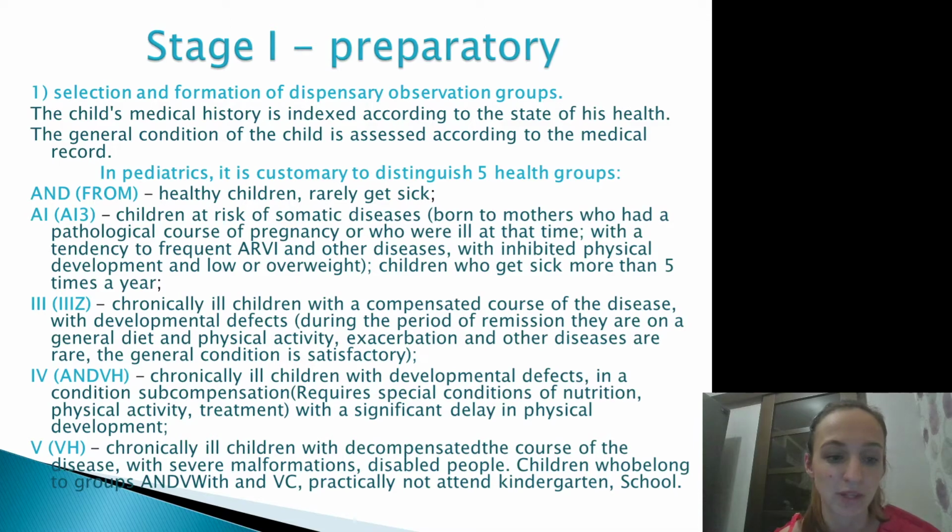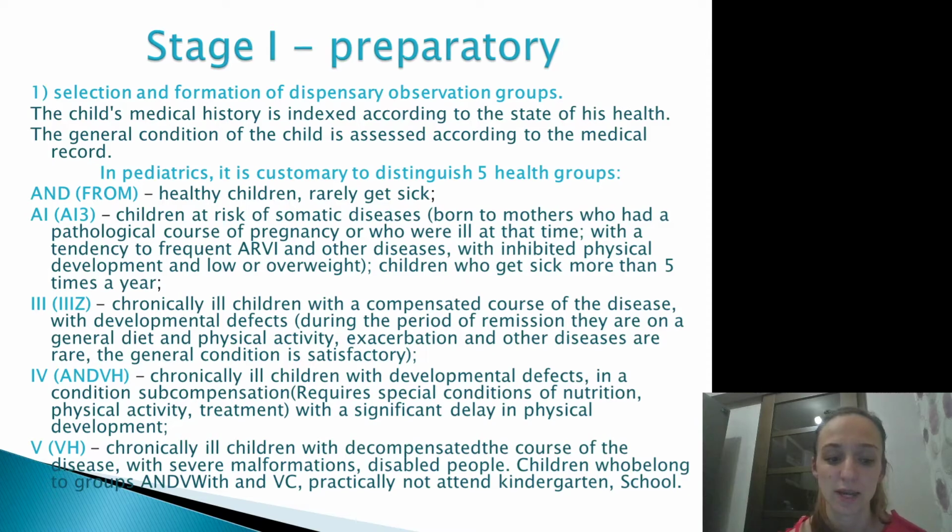And the next group, it is chronically ill children with a compensated course of the disease, with developmental defects. For example, during the period of remission, they are on a general diet or physical activity. Exacerbation and other diseases are rare. The general condition is satisfactory. Next one is chronically ill children with developmental defects in a state of subcompensation.